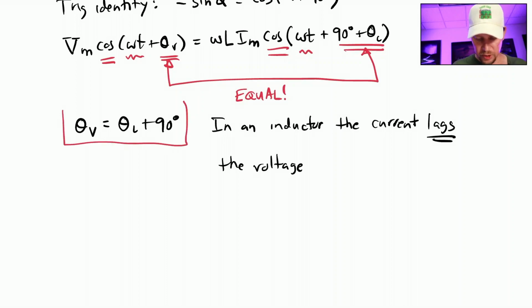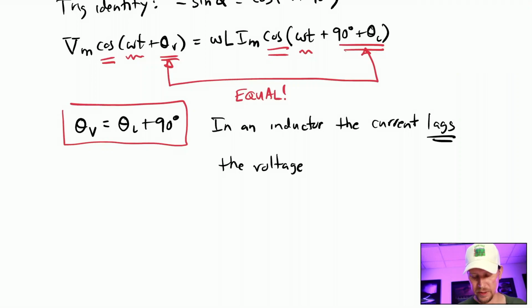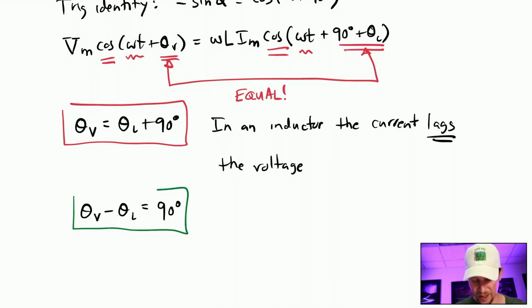So this is an important relationship. On top of that, based on the relationship that we just derived from the IV characteristics, notice that the term theta v minus theta I must be equal to 90 degrees, right? I'm going to box this one not in red, I'm going to box it in green because I'm going to use it here in a second.